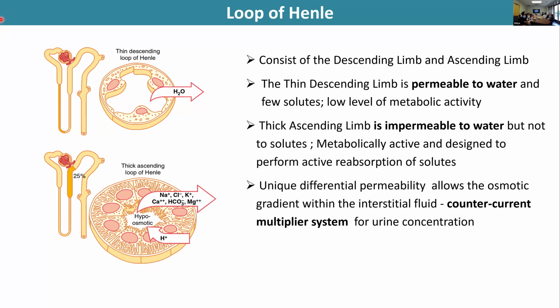And the differences in permeability between the descending loop and ascending loop result in the osmotic gradient in the interstitial fluid, and also cause this countercurrent multiplier system, which is essential for urine concentration. You will learn more about this countercurrent multiplier system in the physiology presentation, how the osmolarity changes when the filtrate is going from the descending to the ascending.